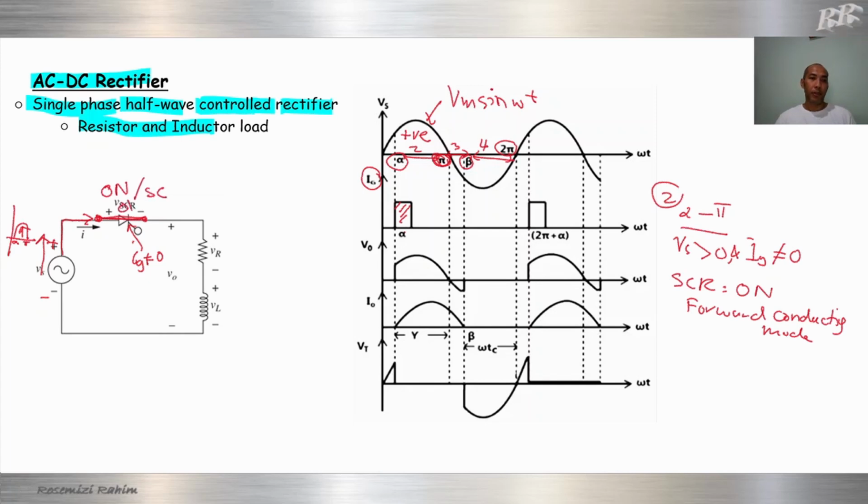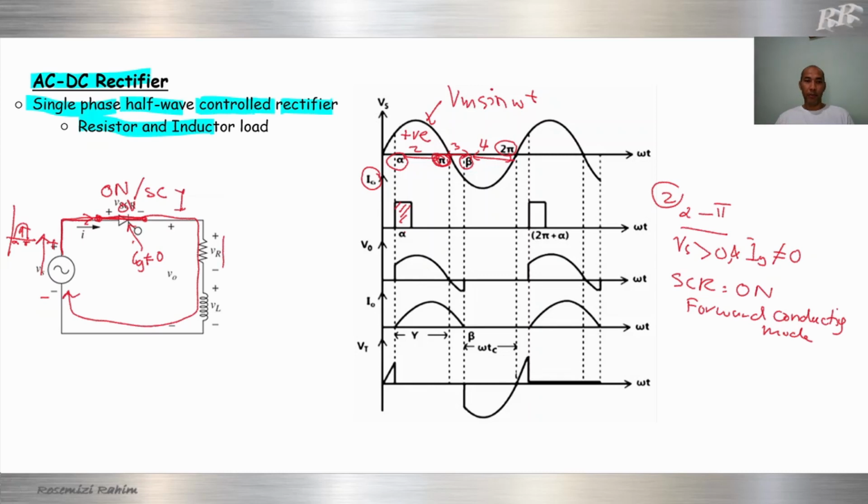0 volt. So when our thyristor is short circuit, current can flow. Current will flow from positive terminal go to load. Our load is a resistor and also inductor and go back to source. So we have current flowing here.